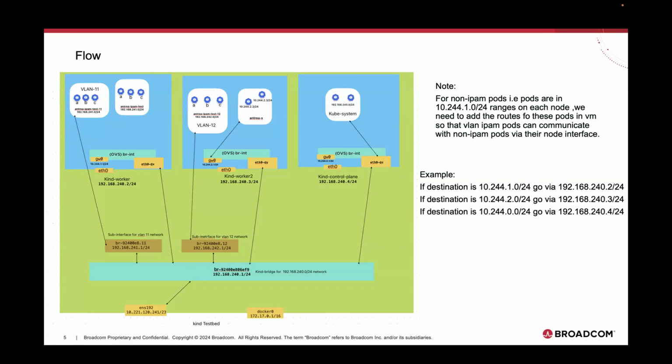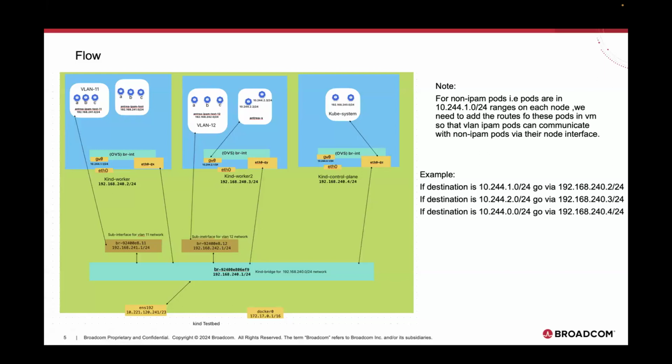If packets are untagged, it will consider this a default network packet and send it to the node interface. Because we have some pods in the default pod CIDR, in the 10.244 range, to communicate with these pods we need to add a route for it on the VM.